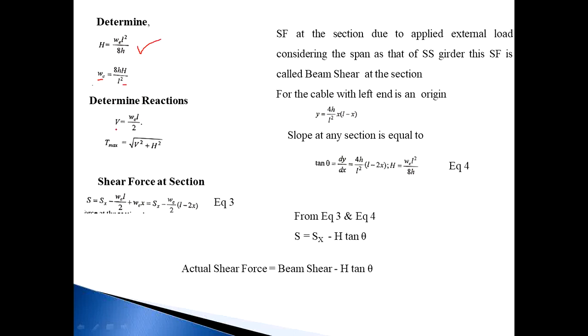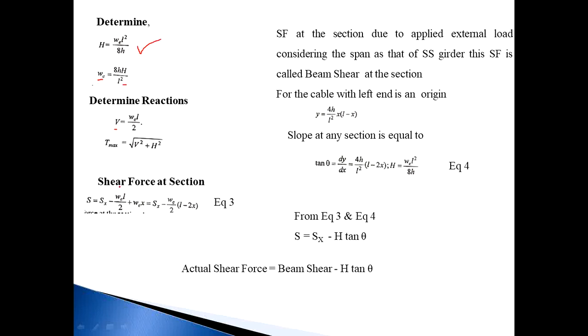Already we know that the number of reactions is 2. So the total load on the cable is shared by the 2 reactions, and if you know the WE value, then you can easily find the reaction. So the reactions become WE L by 2. Then Tmax, the maximum tension, is the resultant of the horizontal force and the vertical reaction, that is square root of V square plus H square.